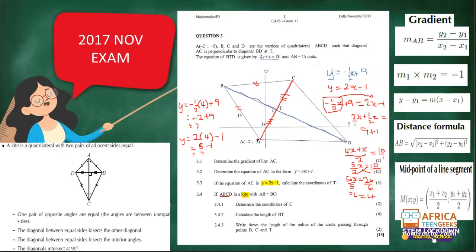So if you have point A and C, how would you get point C? So you have coordinates of A, you have coordinates of T, you don't know your coordinates for C, but you're given that AT and TC have the same length. So how would you get the point C? From using the properties of kite.